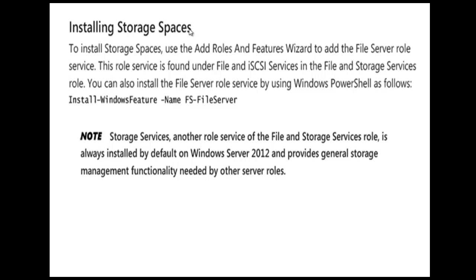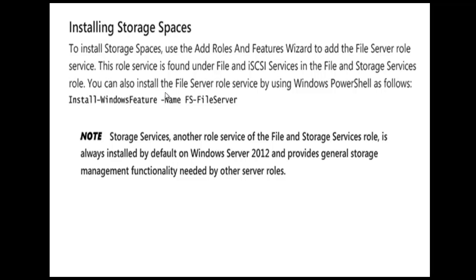How do we install storage spaces? Well, you will install storage spaces on your server using the Add Roles and Features wizard. And you will be adding what is called the File Server Service role. You will find that service under File and iSCSI Services in the File and Storage Services role on your server.